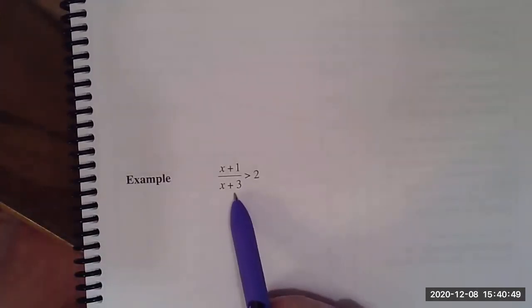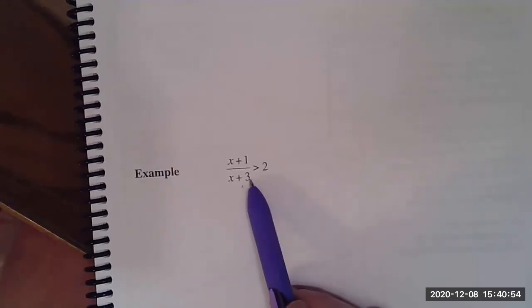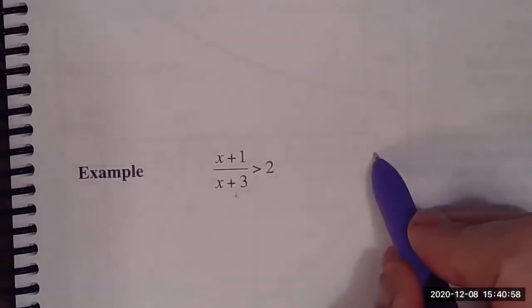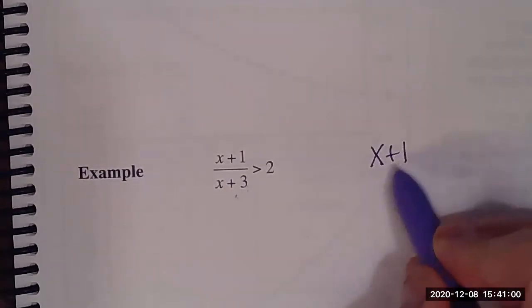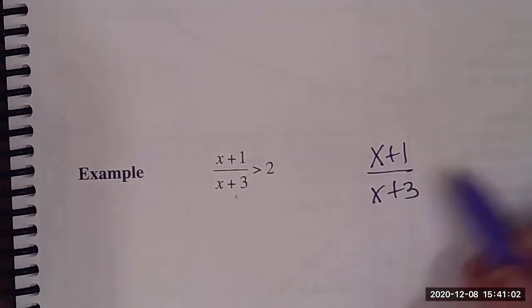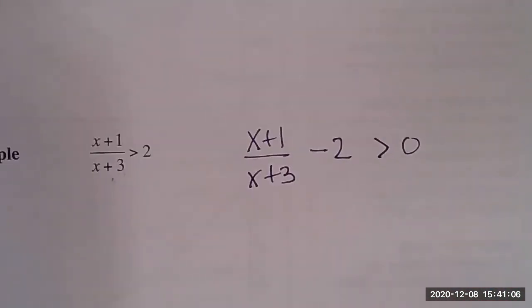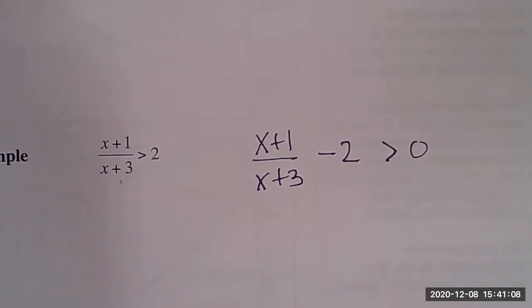I'll do this one down here. This one requires that I put the 2 in the left-hand side. That's my suggestion. So you're going to go x plus 1 over x plus 3, subtract 2, greater than 0. And then the trick is common denominator. You want to squish the two things together as one fraction.